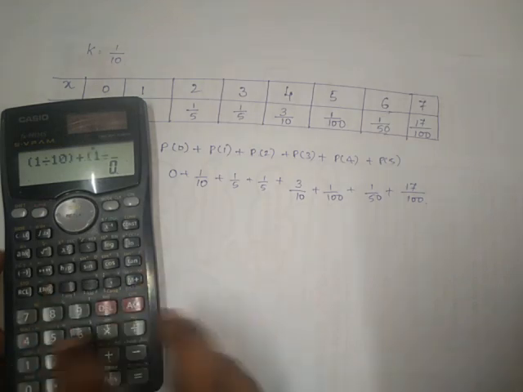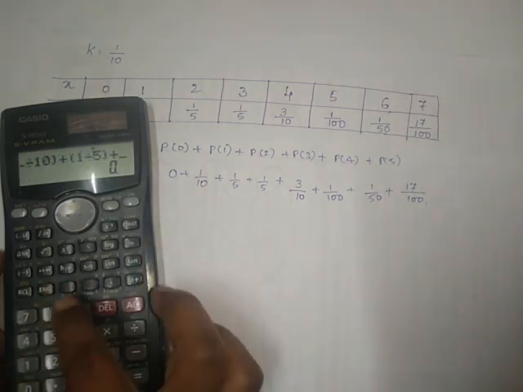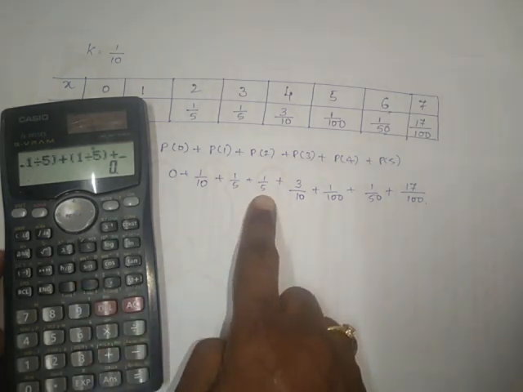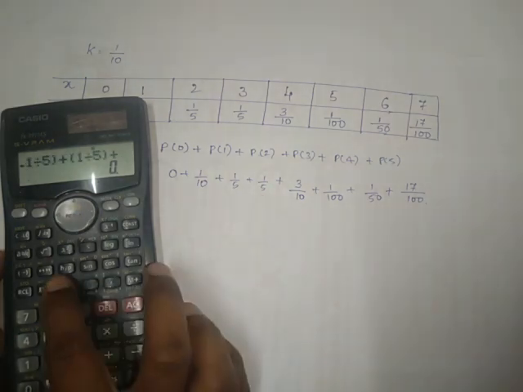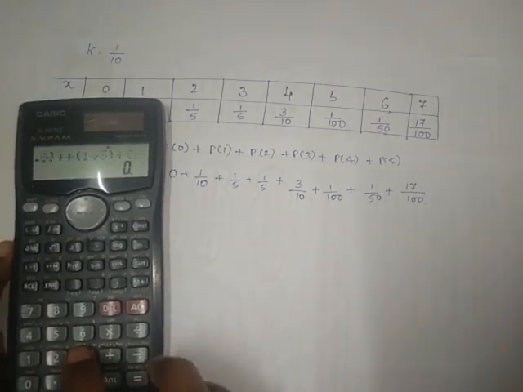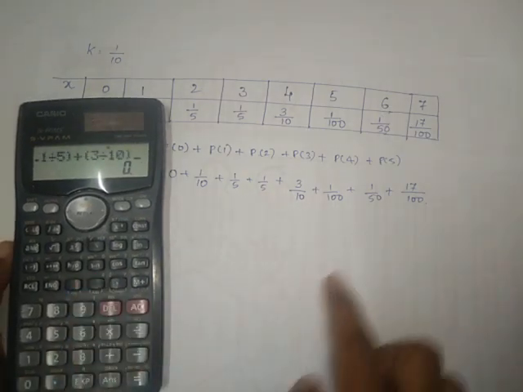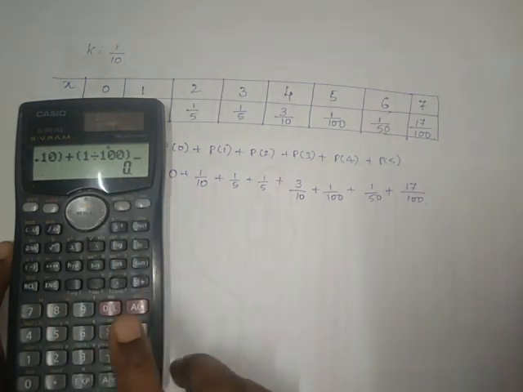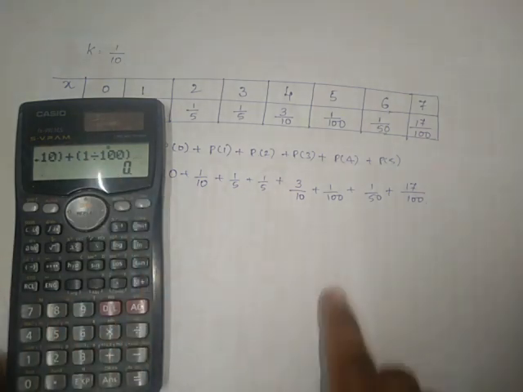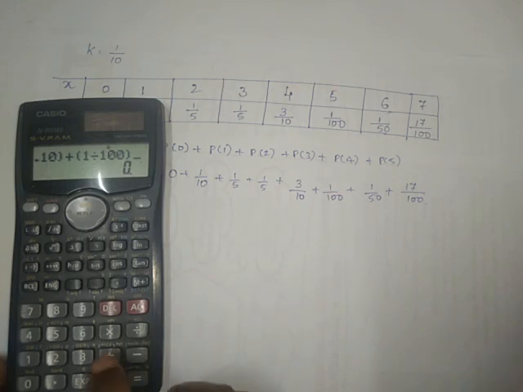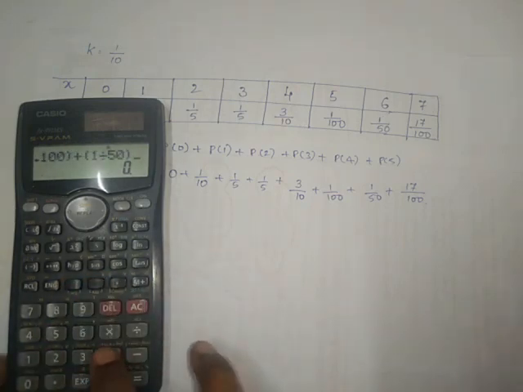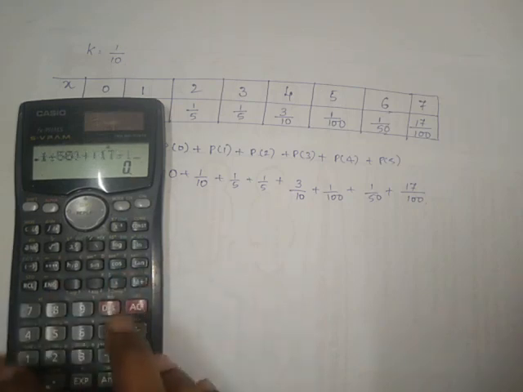Plus 1 divided by 5, close it. Plus 1 divided by 5, till here we have done. Next 3 by 10, open the bracket, 3 divided by 10, close it. Then plus 1 by 100. Each and every time you have to put the brackets when you are adding divisions. 1 by 100 done. Plus 1 divided by 50 plus 17 divided by 100.